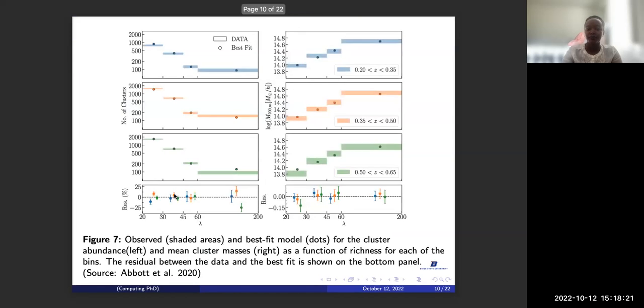So given the two properties, the cluster abundance and the cluster mass, it forms the data vector containing the two variables that we're calling our observables. In those two vectors, we try to fit the data, and fitting that data, they come up with a likelihood function, which we'll be trying to maximize.